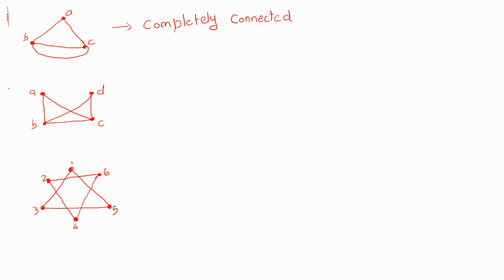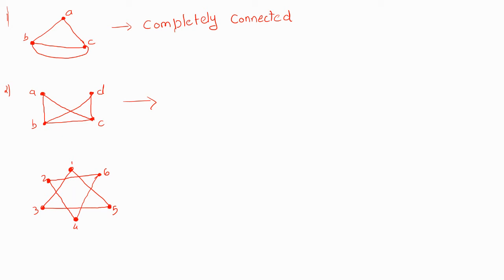Now let's see this second graph. Suppose A, B, C, D are the vertices, that is the vertex set. If we want to go from A to C, there is a direct edge. A to B, there is a direct edge. B to D, there is a direct edge.